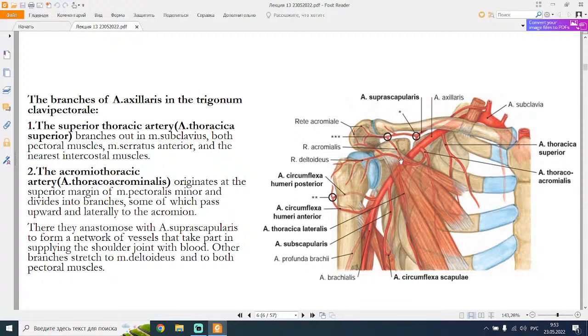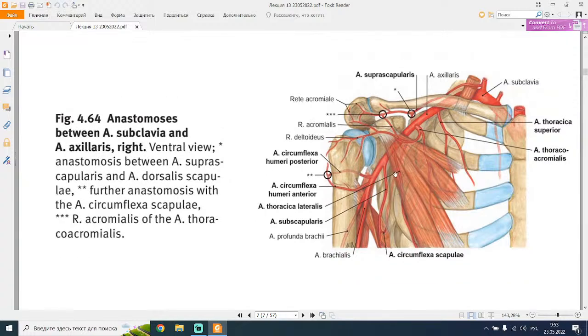There they anastomose with arteria suprascapularis to form a network of vessels that take part in supplying the shoulder joint with blood. Other branches stretch to musculus deltoideus and to both pectoral muscles.